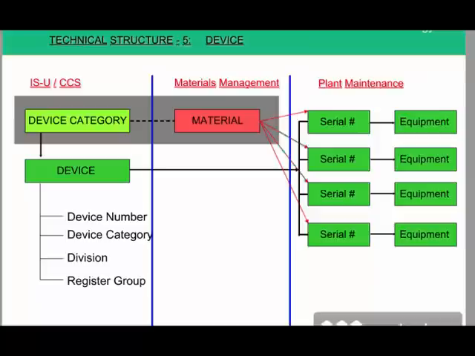This gives the linking between utilities, material management, and plant maintenance. Device category in ISU is the same as material in material management, which has equipment in plant maintenance.